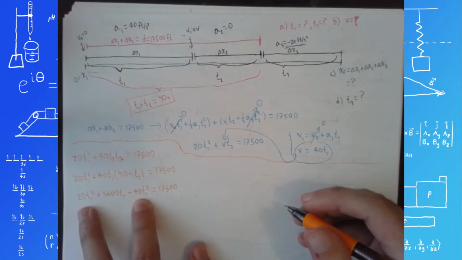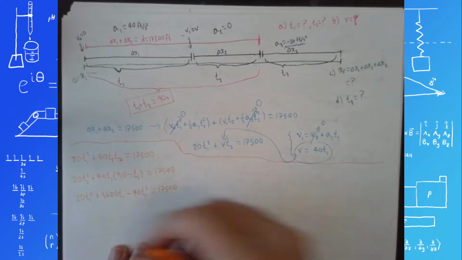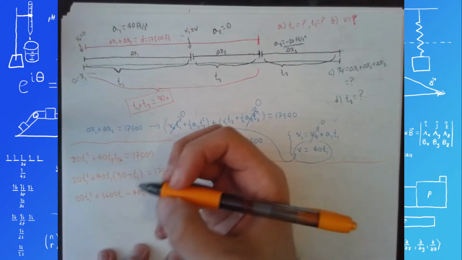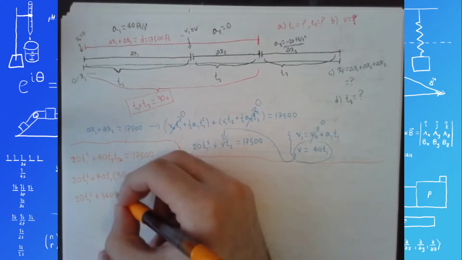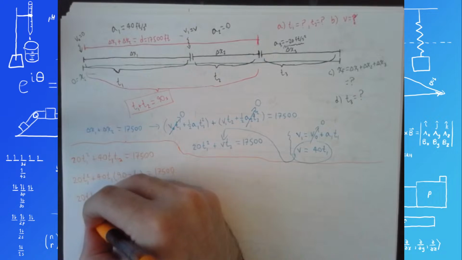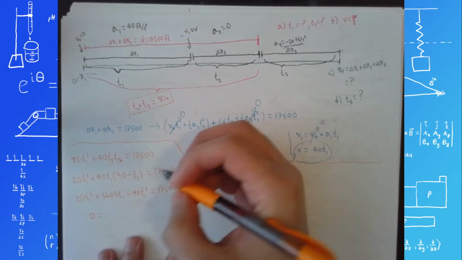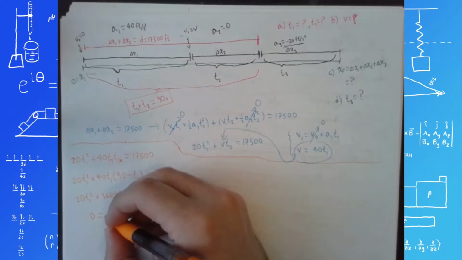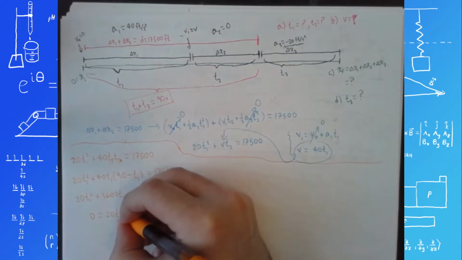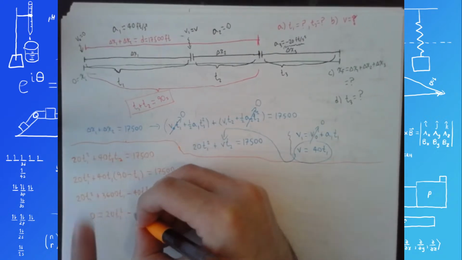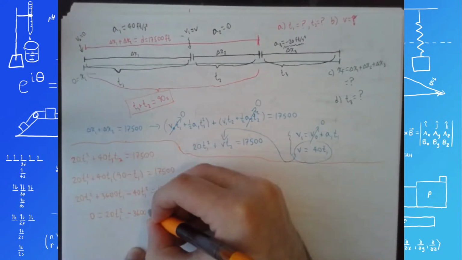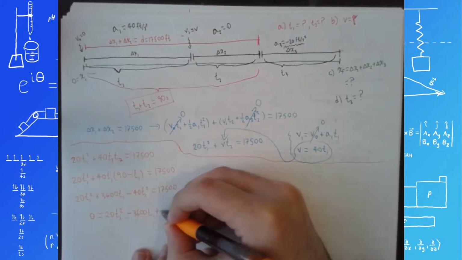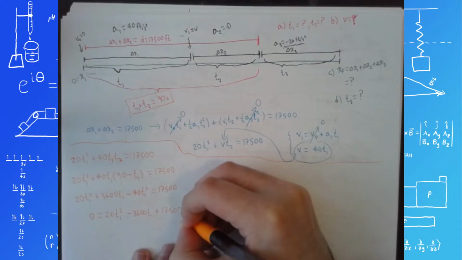And I want to move that over to the right-hand side so that it comes out positive, because I would rather have my squared terms be positive. So I'm going to move everything from the left over to the right. I'm going to have 0 on the left-hand side equals 20 t1 squared, and then minus 3,600 t1, and then plus 17,500.